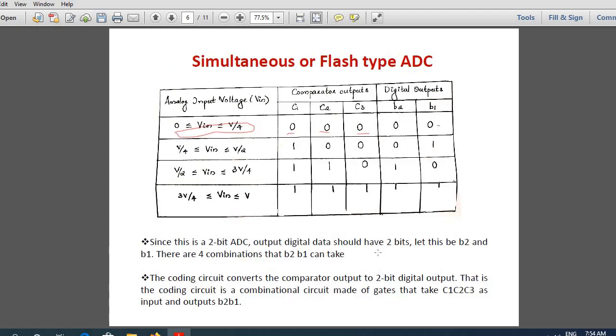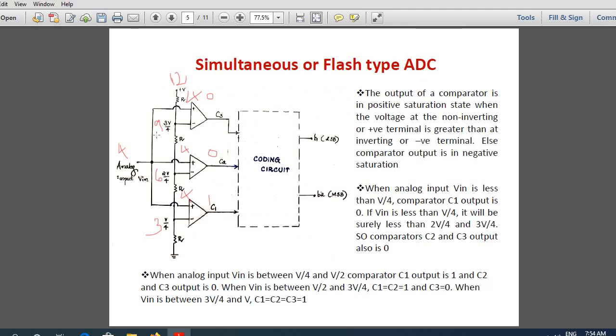If your voltage is between V by 4 and V by 2, the first comparator output will be 1, but the others will be zeros. Now the next case is V by 2 and 3 V by 4. Again you are going to analyze. I'm taking some other input voltage which is between 6 volt and 9 volt.